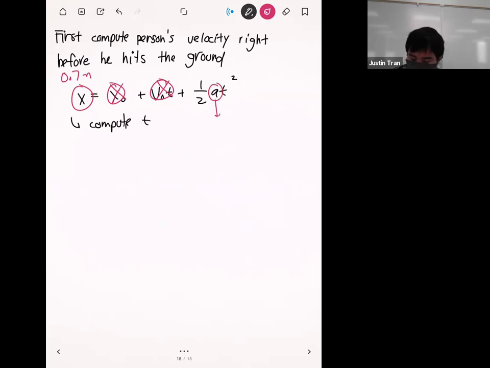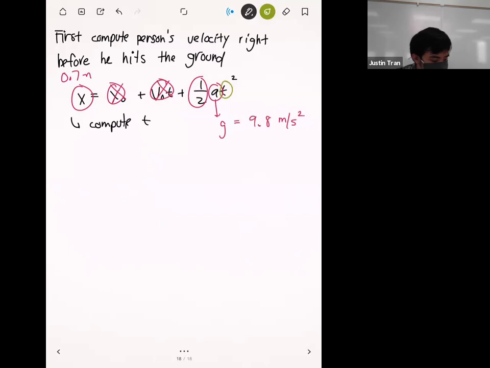We know the acceleration due to gravity, g, which is 9.8 meters per second squared. We know 1/2, or at least I hope we do. Question: why wouldn't we use the y version of this equation? It's all the same. I use x just because I always did, but you can substitute y for x and it would be the same thing.